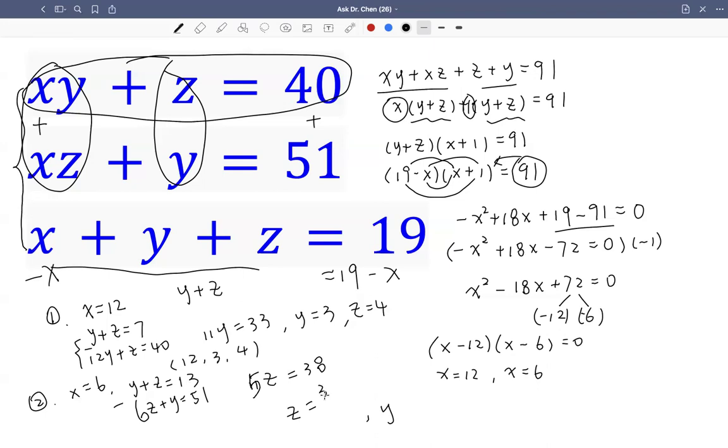We still don't get a whole number, I get a fraction. So z equals 38 over 5.